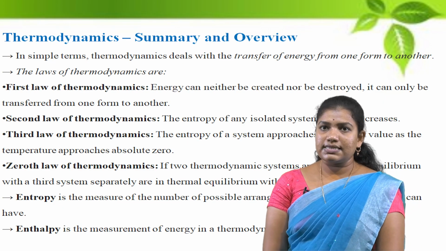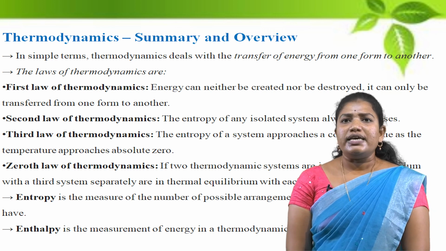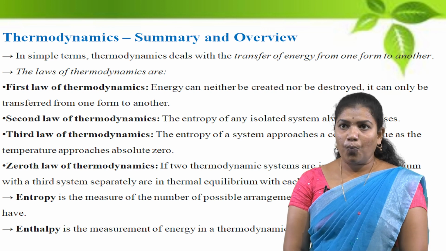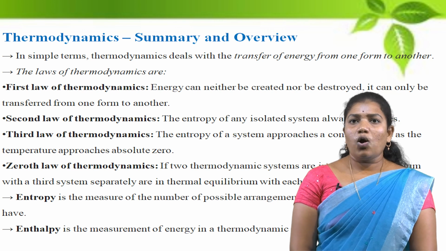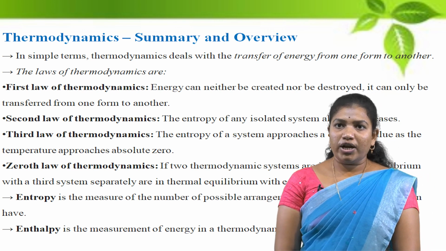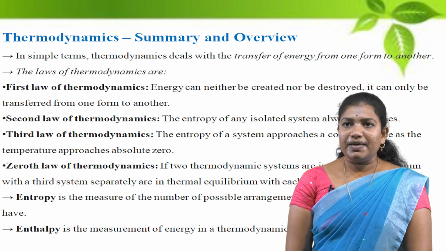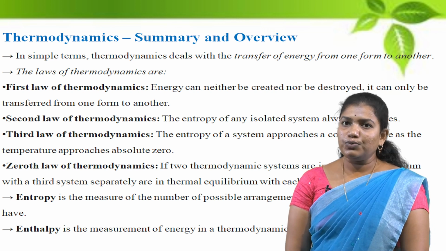Next, the thermodynamics summary and overview. In simple terms, thermodynamics deals with the transfer of energy from one form to another, and with phase transitions. The laws of thermodynamics: the first law says energy can neither be created nor destroyed, it can only be transferred from one form to another.